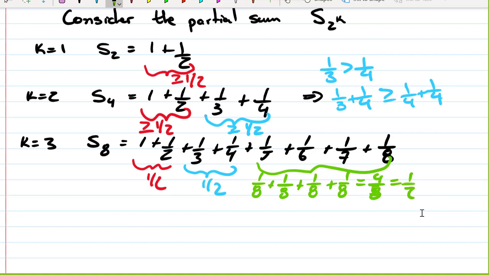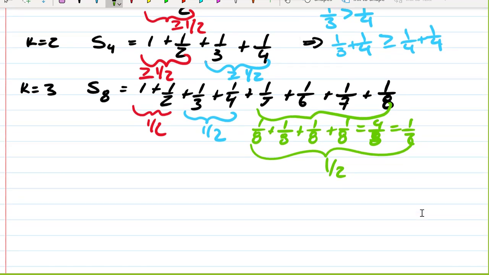So since these are bigger, this whole group is also bigger than a half. So when we start analyzing our sequence of partial sums, s sub 2 to the k has to be greater than or equal to, for each k, a half and a half and a half. So that's going to be 1/2 times k, which is k over 2.